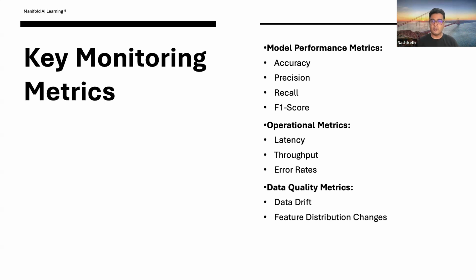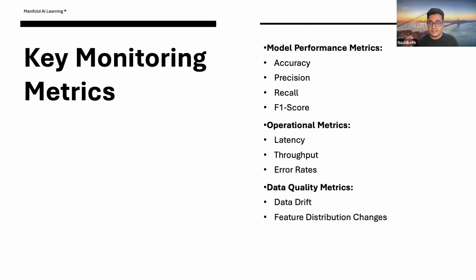Now, apart from that, we also have other metrics. For example, if I'm working with a generative AI based project and I'm monitoring the generative AI application, my other metrics will be toxicity, and maybe factuality. I'll be checking against facts whether it is factual or not.